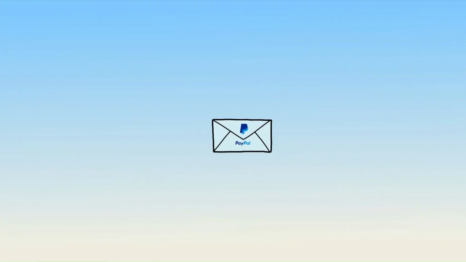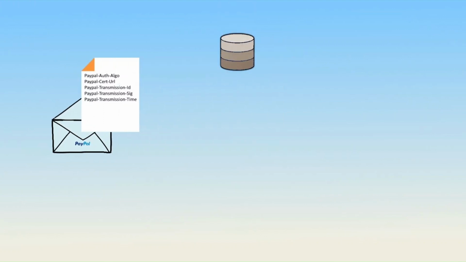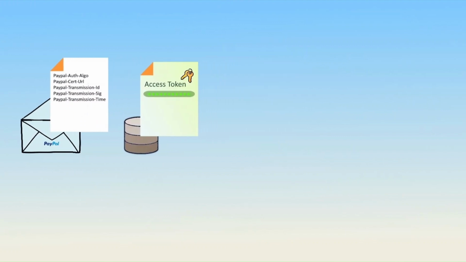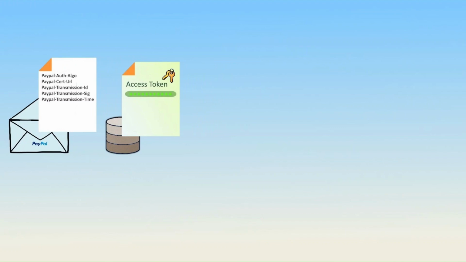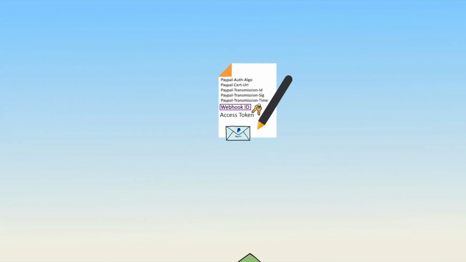Let's understand the flow a little more. We receive a webhook from PayPal, but we need to confirm if this really came from PayPal. So we get our access token, and from these two, we create a request to PayPal. So we insert the PayPal webhook information, the webhook ID, and our access token.